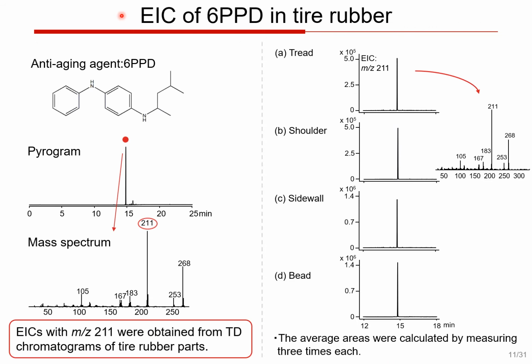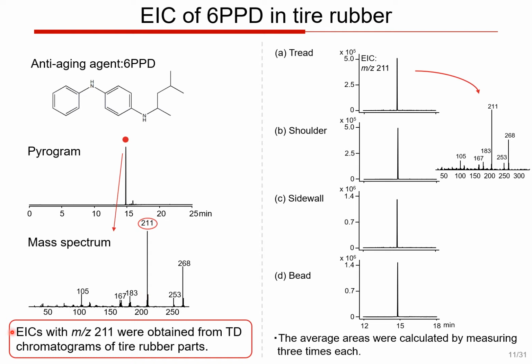The extracted ion chromatogram, EIC, of 6-PPD contained in the tire rubber is shown in this slide. The pyrogram of 6-PPD is shown on the left. The mass spectrum of the largest peak shows that m/z 211 is a characteristic ion.